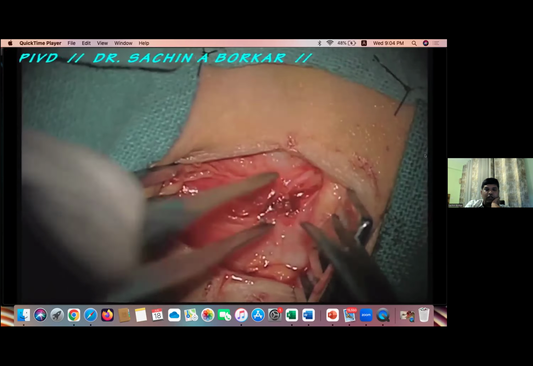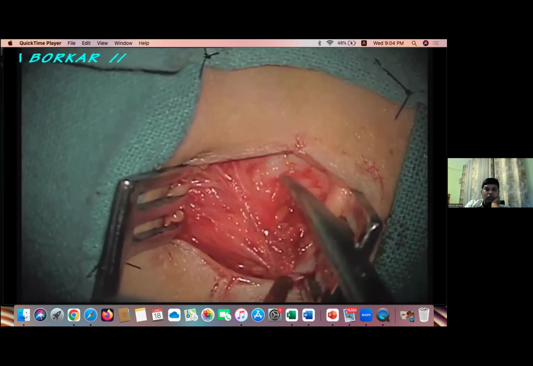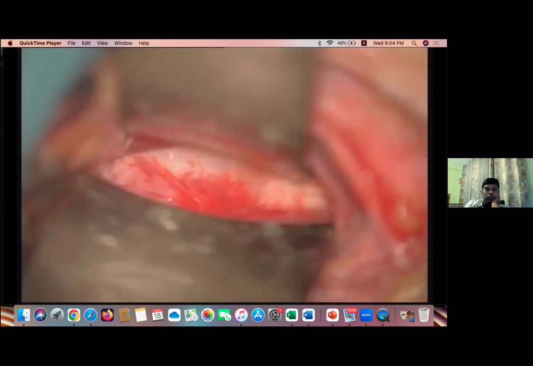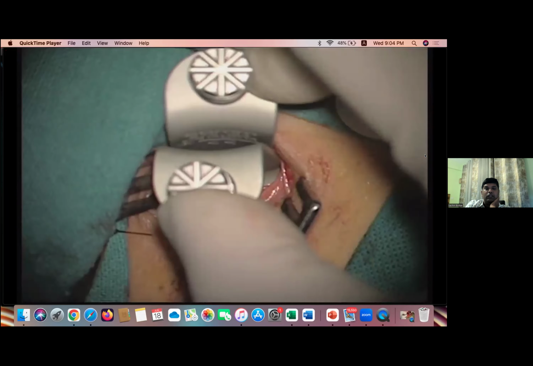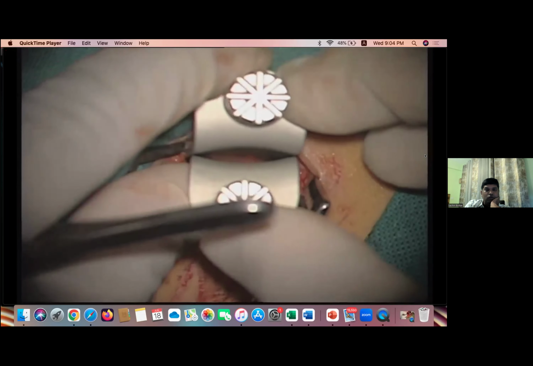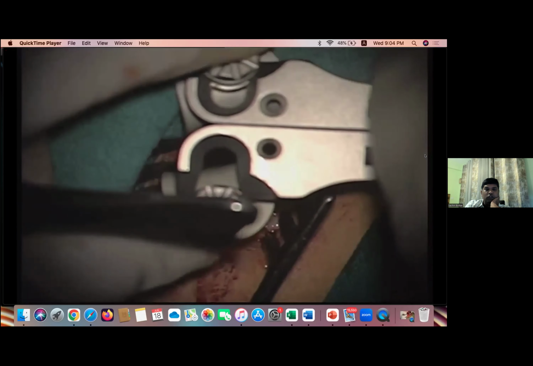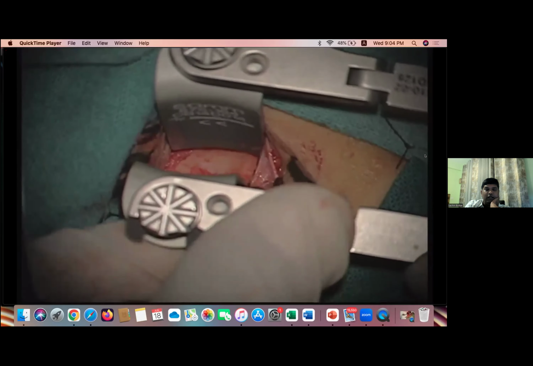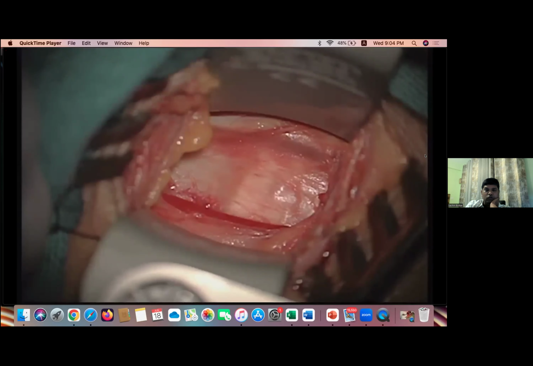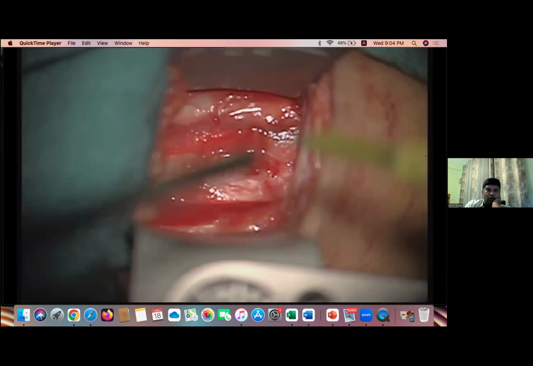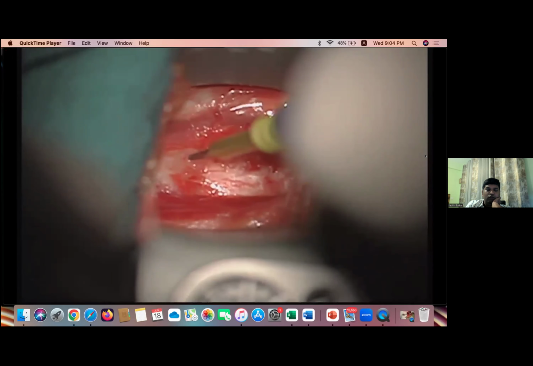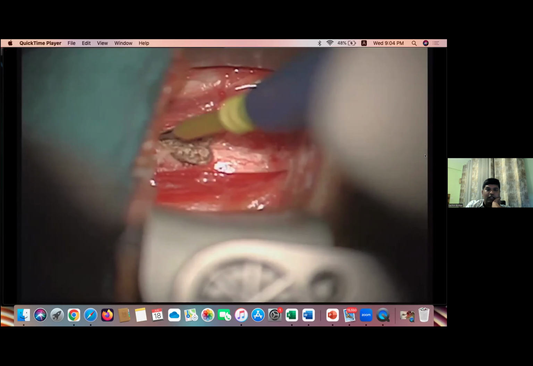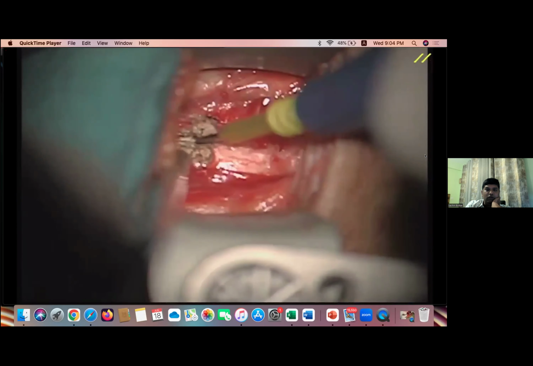The next step is to identify this plane medial to the carotid sheath and lateral to the tracheoesophagus. Once we do it, we put the self-retaining retractor, usually blunt-ended. There are sharp-ended also, but we have to use the blunt-ended one. You can see the two longus colli and the vertebral body in between.